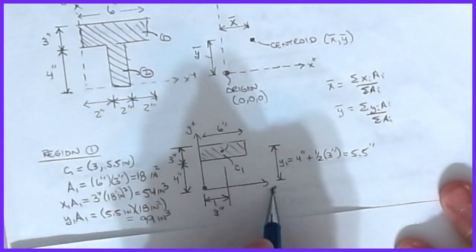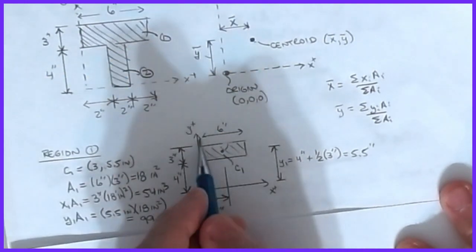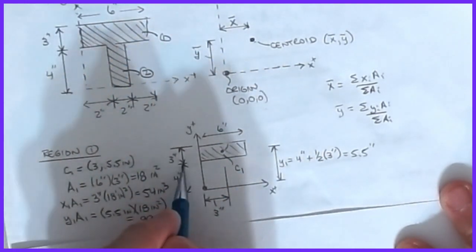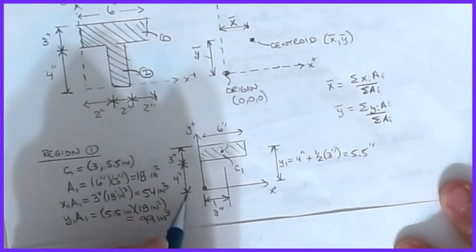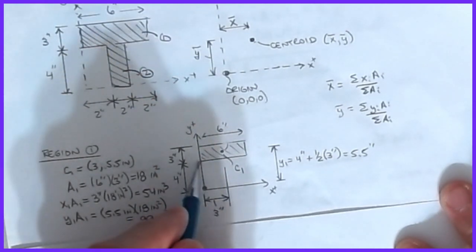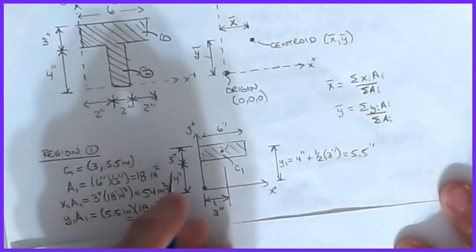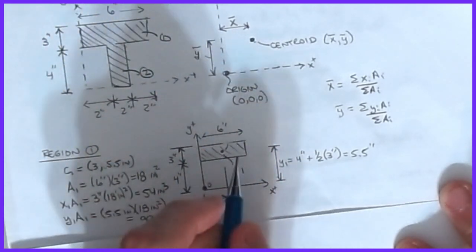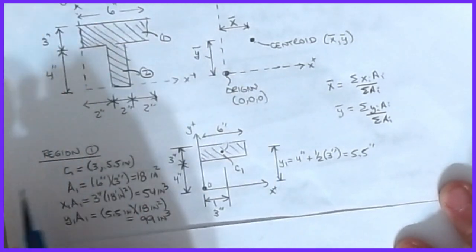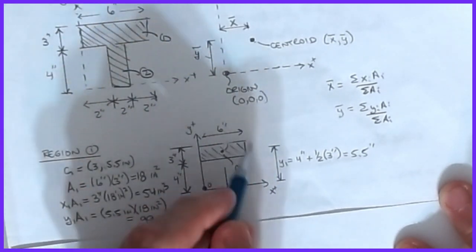So again, here's my x positive axis, here's my y positive axis. I know the object is 6 inches wide, I know that it's 3 inches tall, and I know that it's 4 inches to the bottom of this particular area as measured from my origin. That's my origin there. The other piece of information that we need is where is the centroid of this region? Now, this is a fairly simple shape.